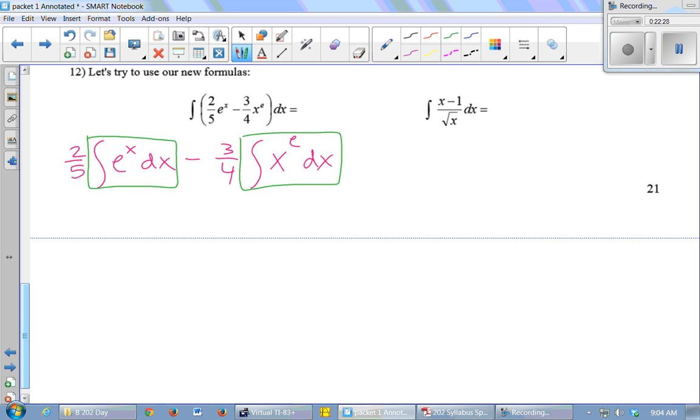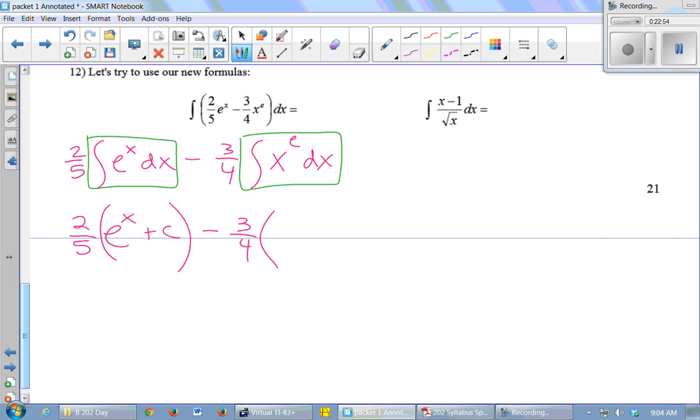All right, what's the integral of e to the x dx? E to the x plus c, yeah. So this is going to be 2/5 times e to the x plus c. All right, what's the antiderivative or the integral of x to the e?